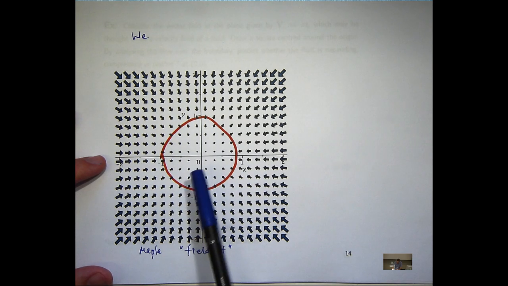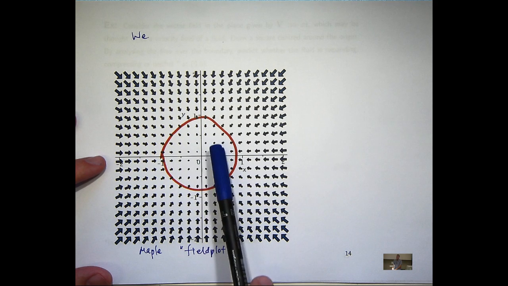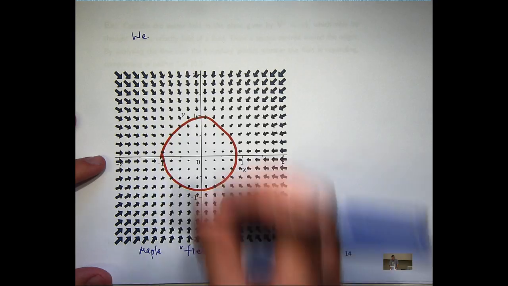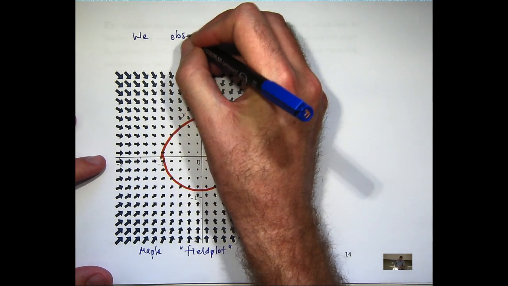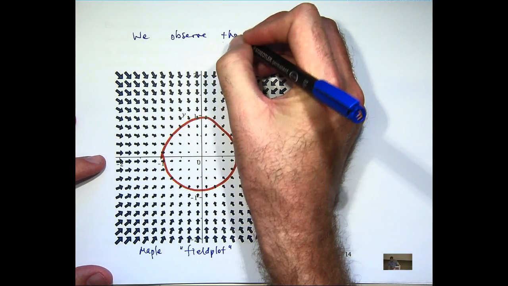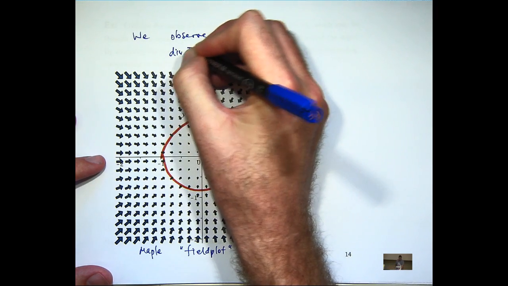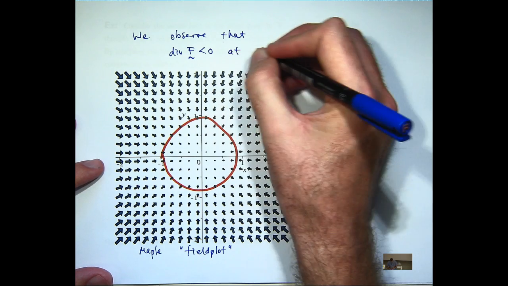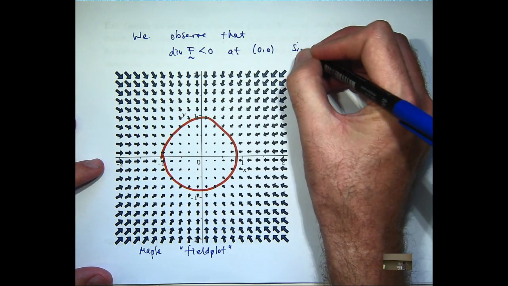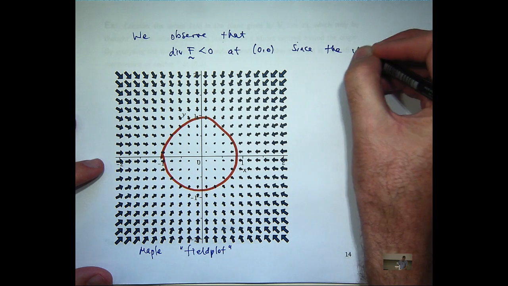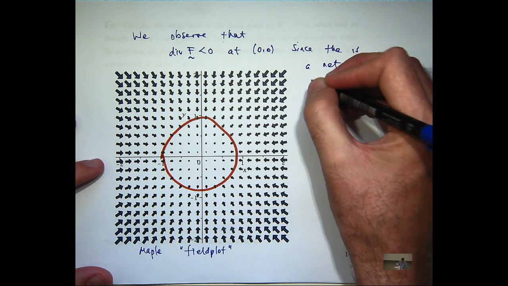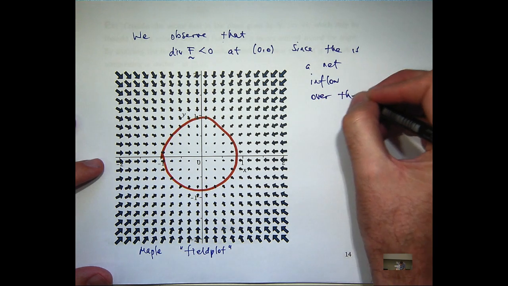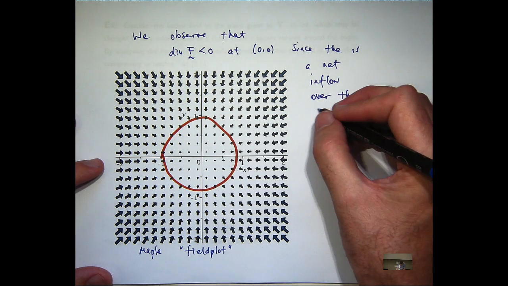And so for each point in that circle, the divergence of the vector field would be negative. So let's just choose, say, the origin, since there is a positive net inflow over the circle.